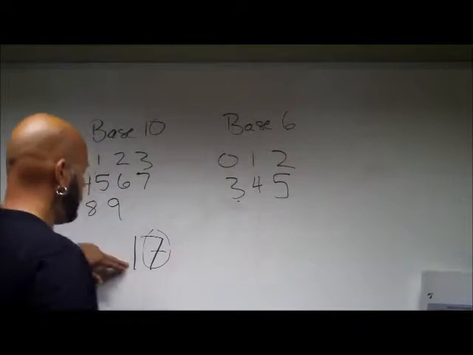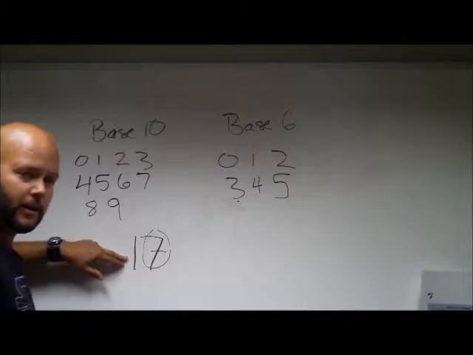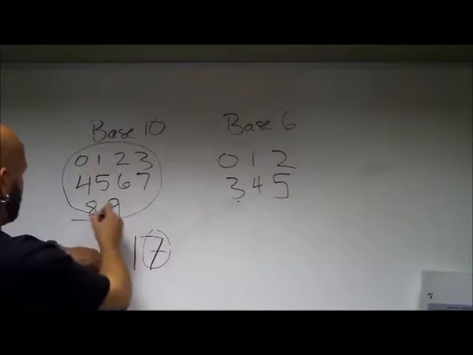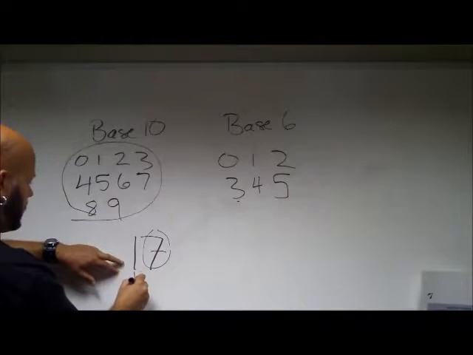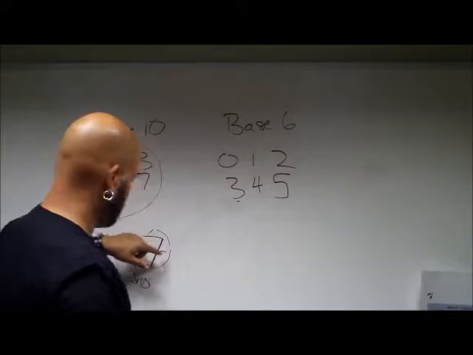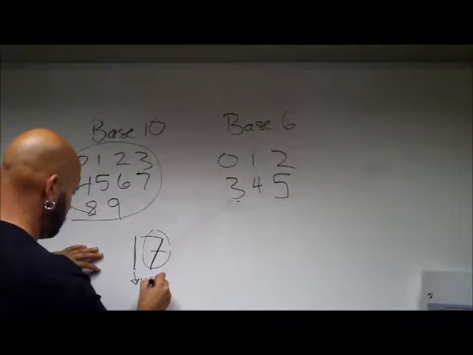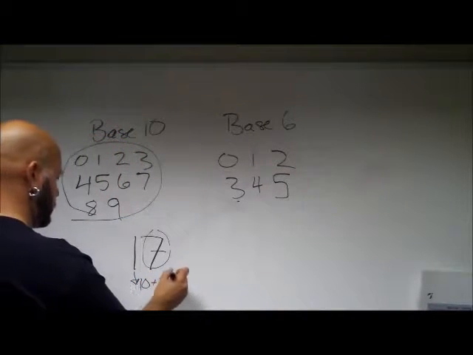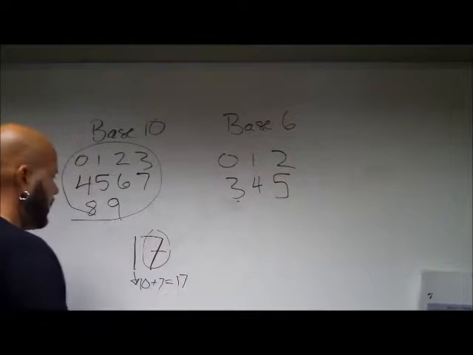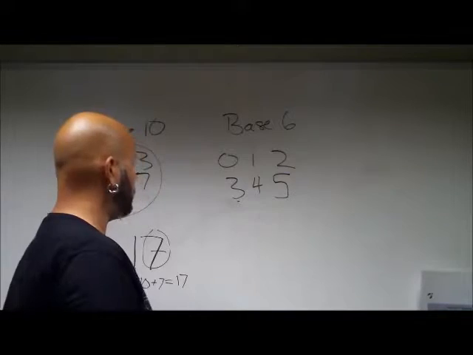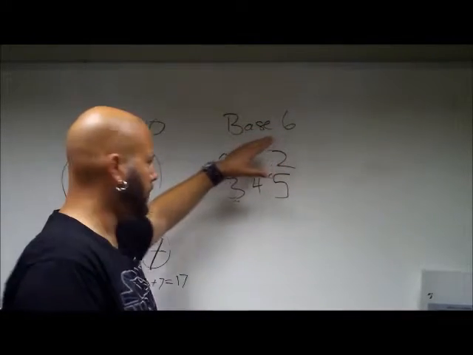So first of all, this line right here, what does that mean? It means we have one group of 10 numbers. So this means 10 with 7 singles. So basically means 10 plus 7 equals 17.